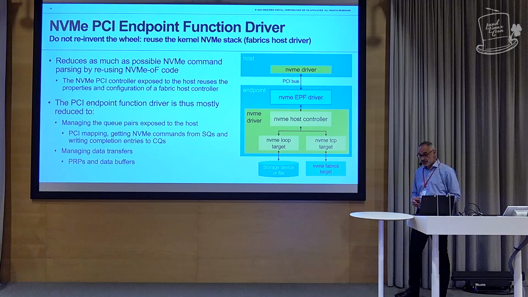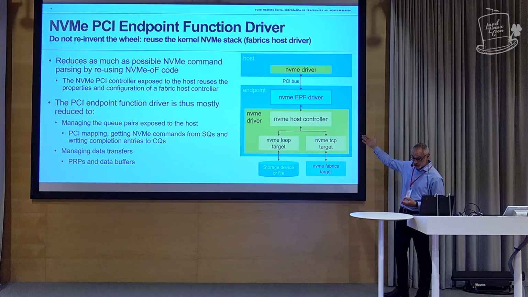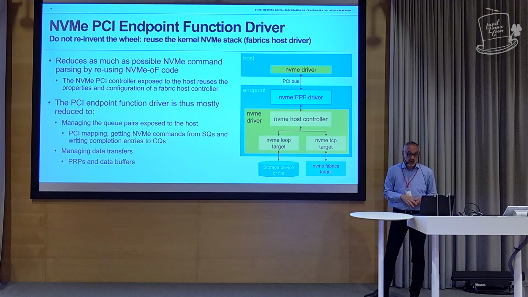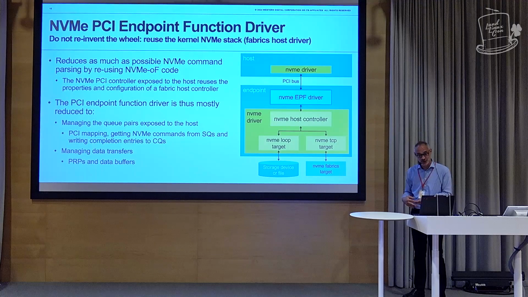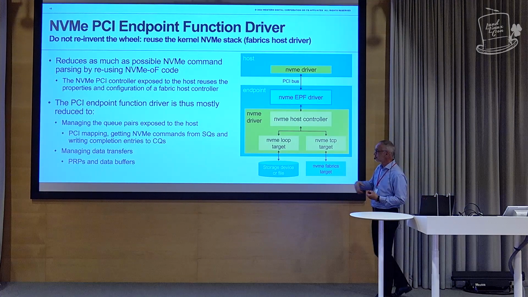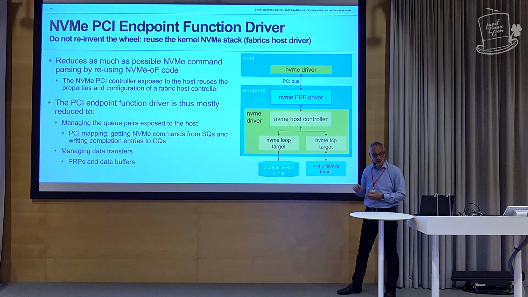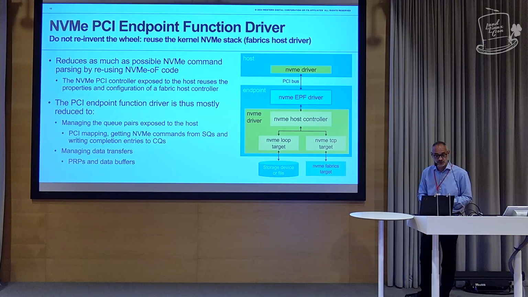The other thing you'll notice here is that with the NVMe Fabrics host controller, you can have different targets, and your backend, it means that the backend storage for that NVMe function can be anything that the Fabrics controller supports. So if you want local storage, you can use the NVMe loop target and either use regular files, that can be on the SD card for the board, or the eMMC storage, or SATA, or whatever you have plugged there.